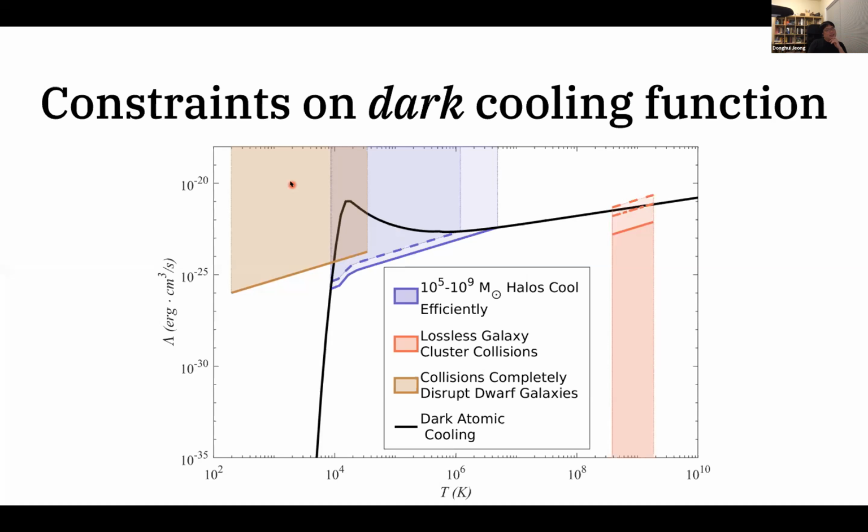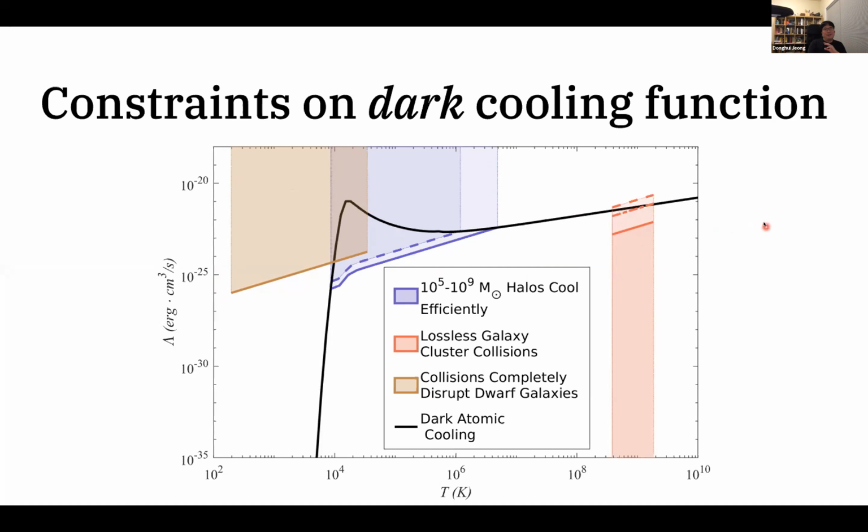Although we do have some dwarf galaxies, we don't want to destroy all of them, but this may not be too bad a thing, given that we observe only a very small number of dwarf galaxies. But the interesting thing is that we can combine the result from the gravitational wave observation with all the other astrophysical consequences, and then constrain the viable parameter space of this cooling function.